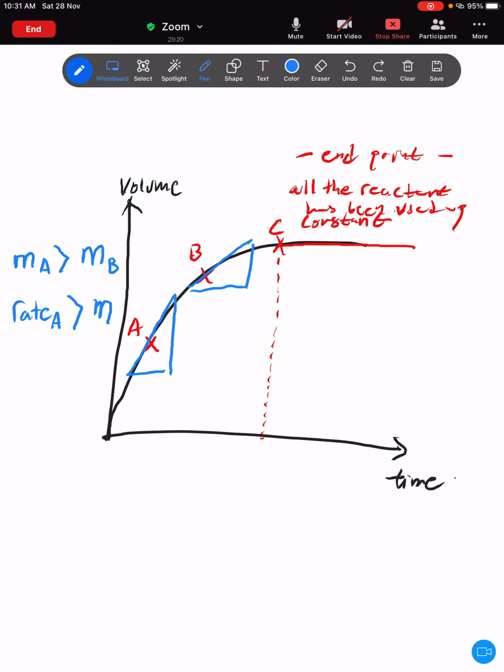When we call this an endpoint, automatically this refers to a rate equal to 0. That's how you do it.